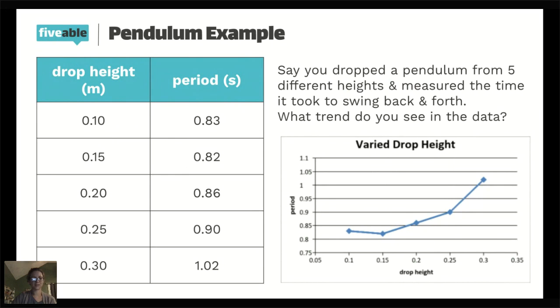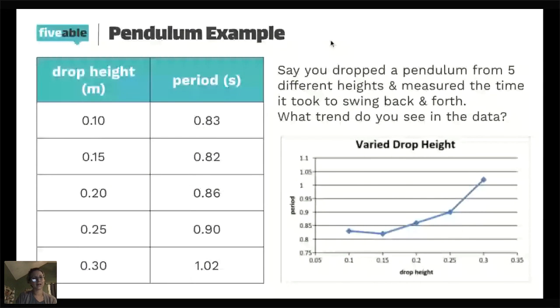Okay, so we say it increases. Yes, based on this data and knowing nothing else, it looks like the higher you drop it from, the longer it takes to make one complete swing back and forth. You can see this upward curve in the graph. It looks like it's trending upward.